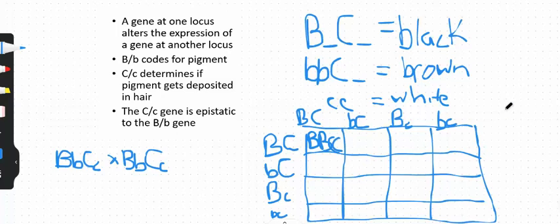I want you to pause the video and fill in the rest of this Punnett square by taking a look at the alleles in this gamete, and then adding them together for each of the squares. Look at the columns, look at the rows, and populate the square.